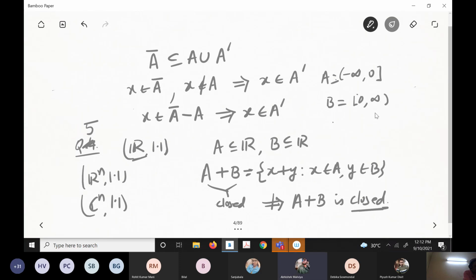A plus B will be the whole R actually. But another example is also open; this doesn't work.